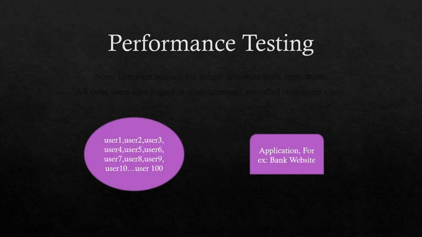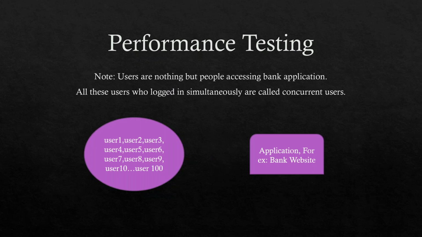If you see here, I'm just assuming an application, something like a bank website. There are some set of users like user 1, user 2, user 3, and so on till user 100. All these users are accessing this bank application simultaneously. These are called concurrent users in performance testing terminology.